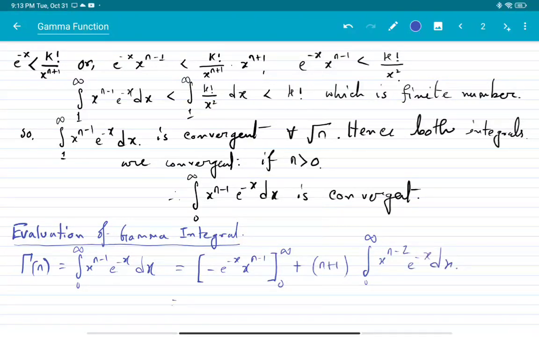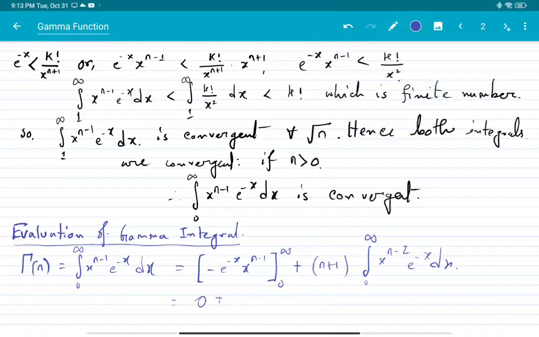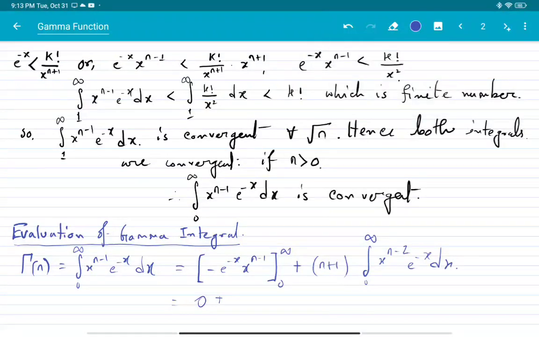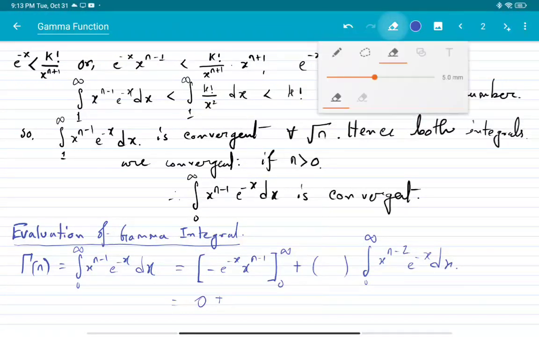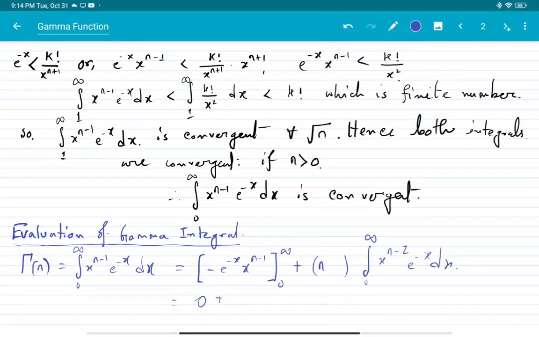The boundary value is 0, and we are left with n minus 1 times this integral.